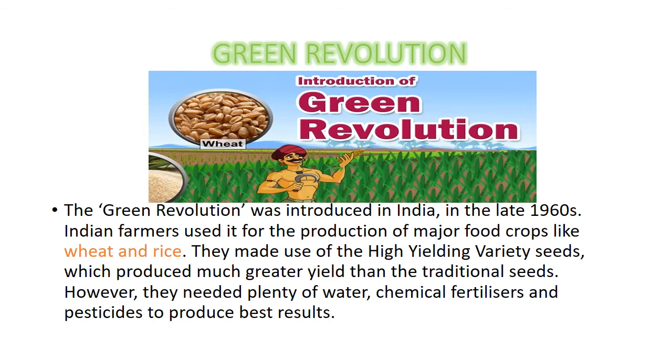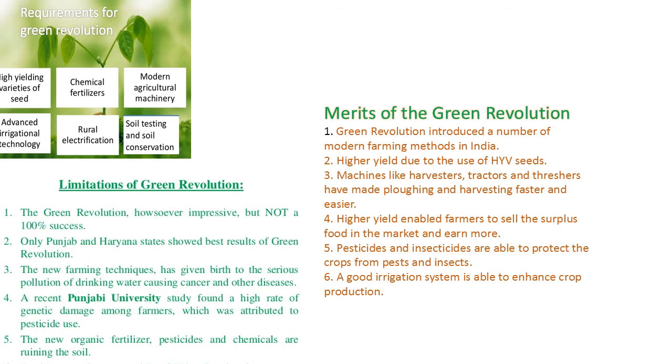With the use of HYV seeds, chemical fertilizers, pesticides, modern equipment, the same piece of land would now produce far larger quantities of food grains. Farmers of Punjab, Haryana and western Uttar Pradesh were the first ones to try out the modern farming methods in India.